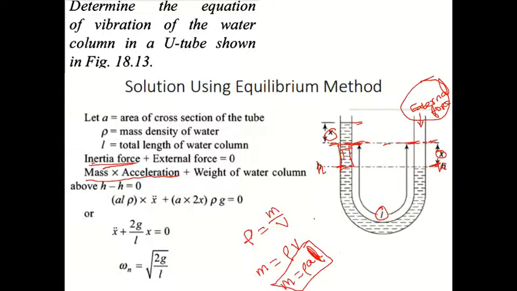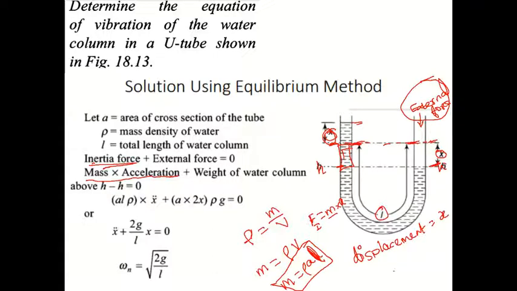Inertia force equals mass into acceleration. Instead of mass, I can write rho A L. The acceleration is not given, but the water has risen up to a distance of x.